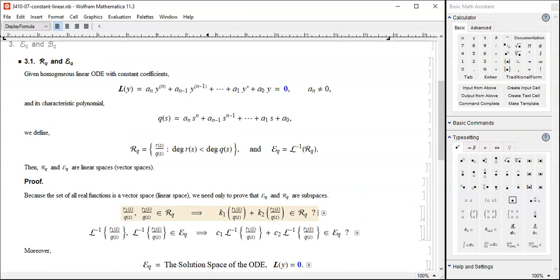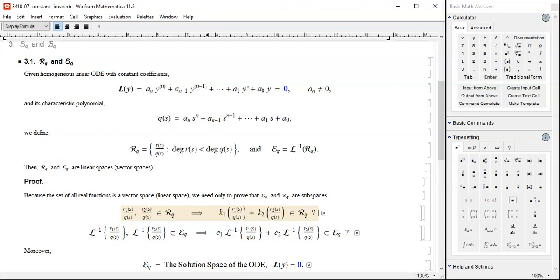We know that the set of all real functions, or complex functions too, is a linear space with scalar field R. Now, if it is complex functions, then the scalar field is C. Therefore, we don't really have to check all 9 properties of linear space. All we have to do is to establish that this is a subspace.